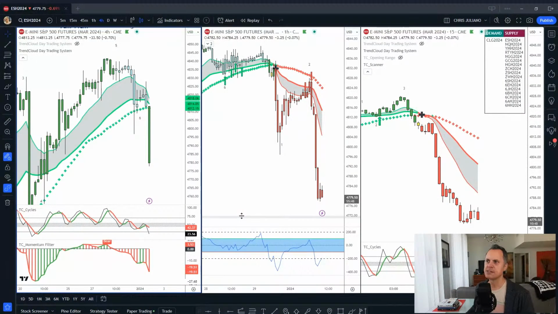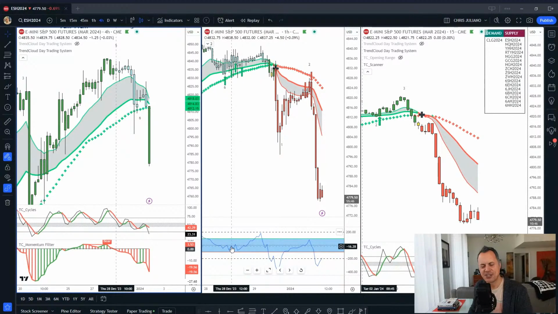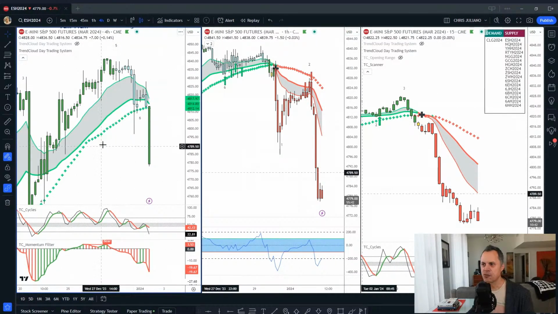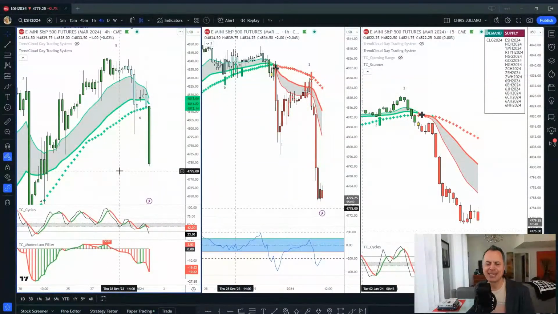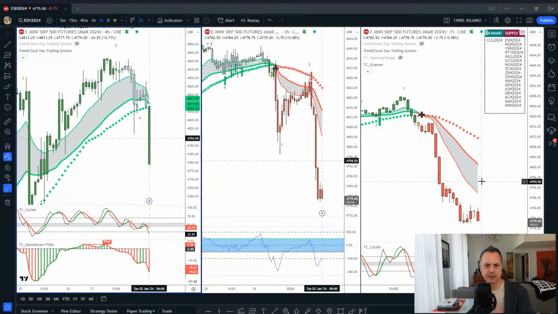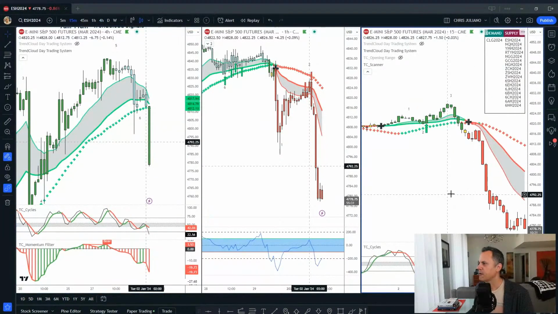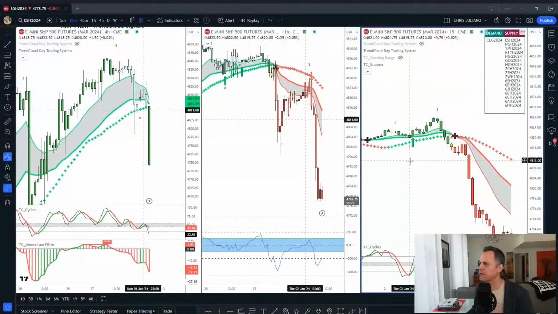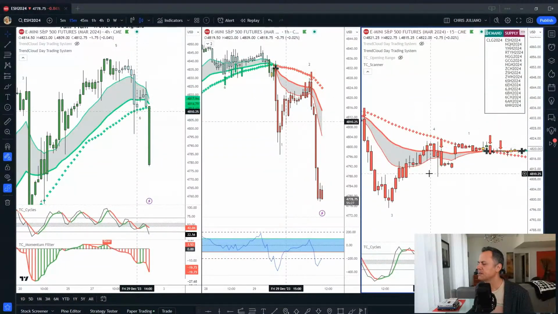The first is the beginner stage, which makes sense. If you just purchase the TrendCloud indicator itself, you get used to reading the signals like this here. See this signal and these signals.